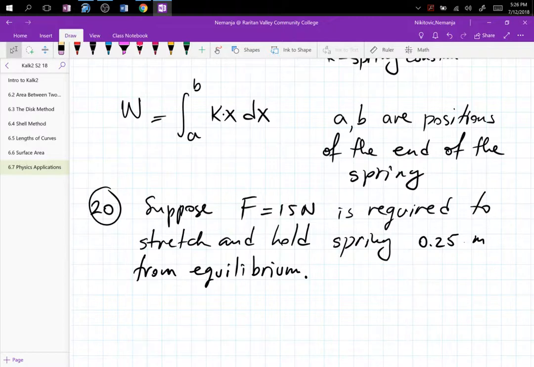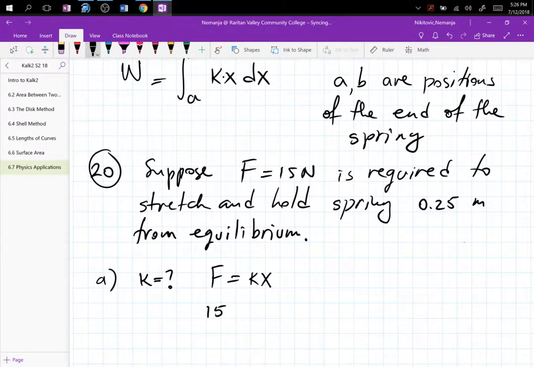Find the spring constant K, and then let's see what happens when we push it back to 0.2 and so on. So, first off, part A, what is K equal to? Well, force equals Kx, and you know that the force required is 15.